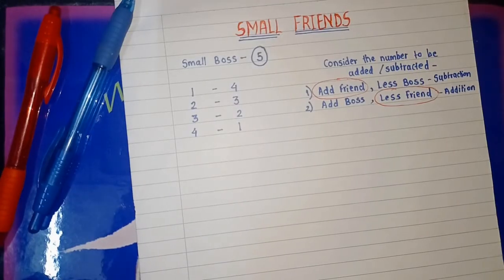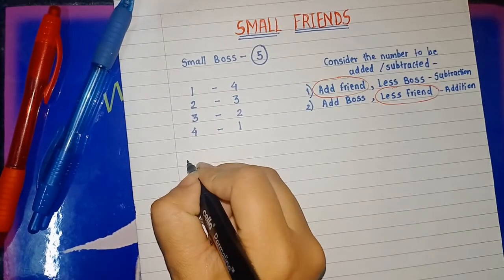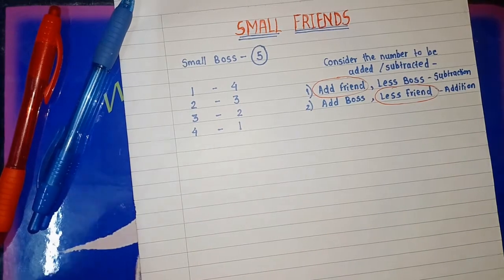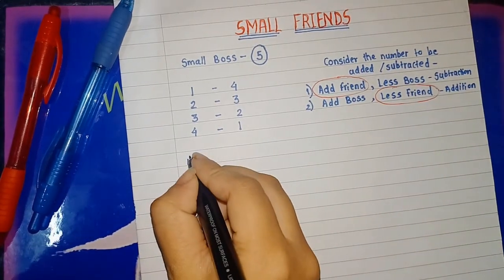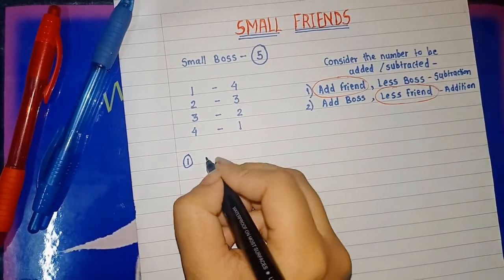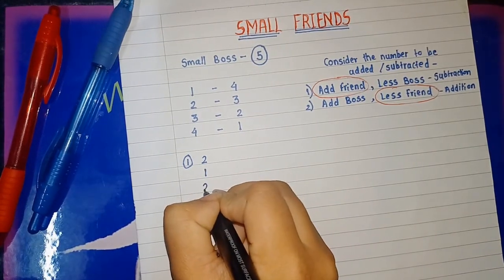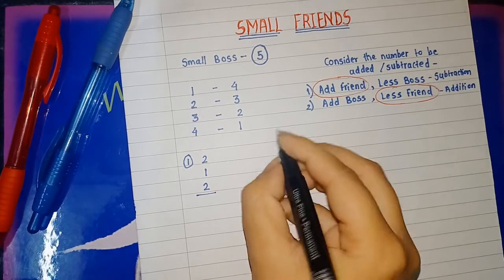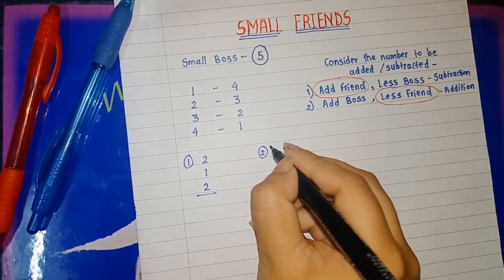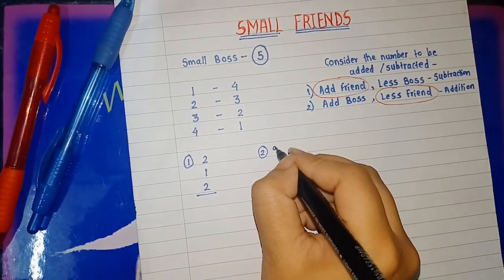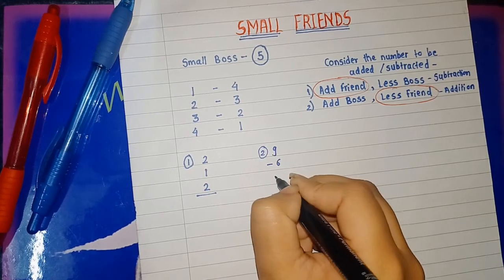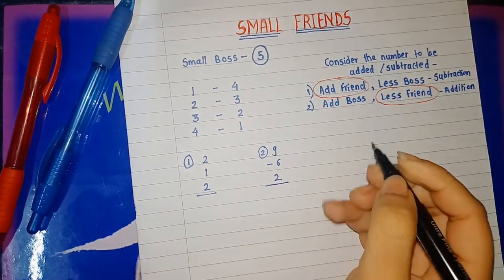Now let us perform some basic addition sums using small friends. So let's take first, 2 plus 1 plus 2. Then second, 9 minus 6 plus 2.